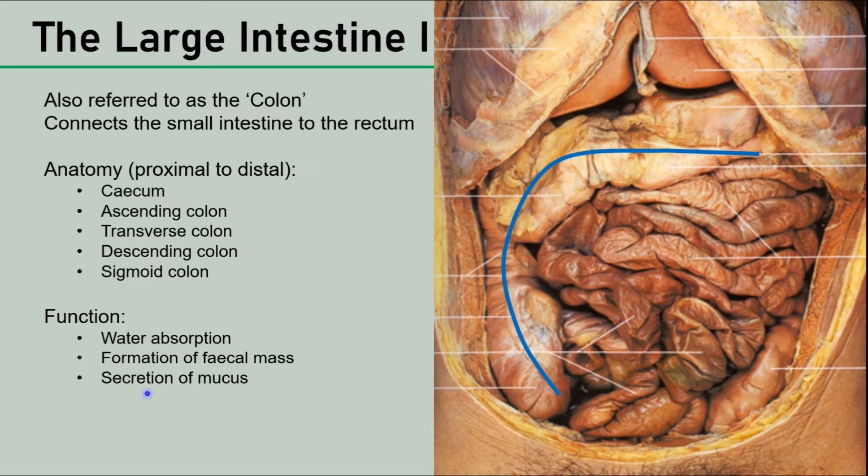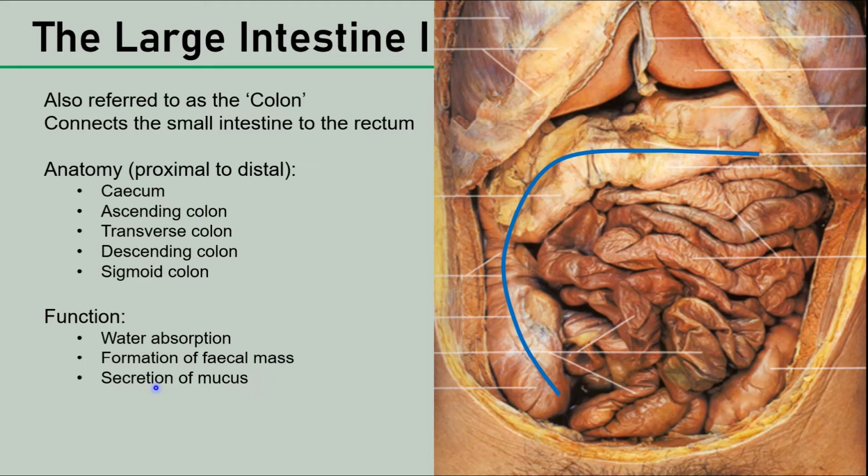So the main functions of the large intestine are water absorption and also the formation of fecal mass. So as water is absorbed into the large intestine and passed into the bloodstream, the food is compacted and forms circular poops, so fecal matter, as it is pushed along.